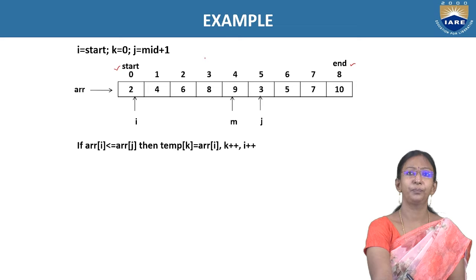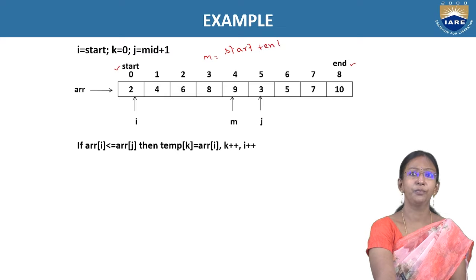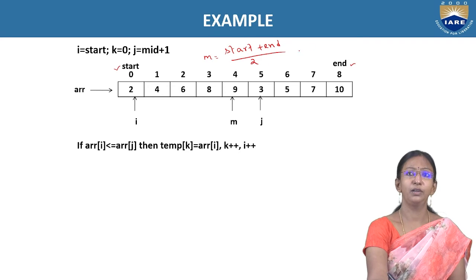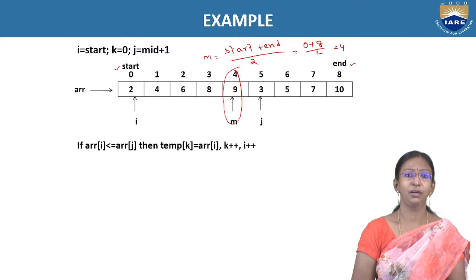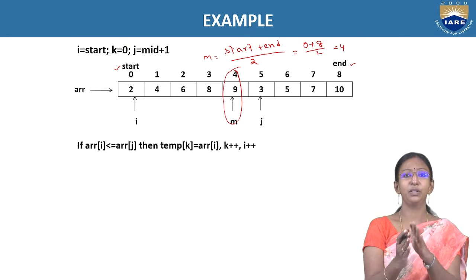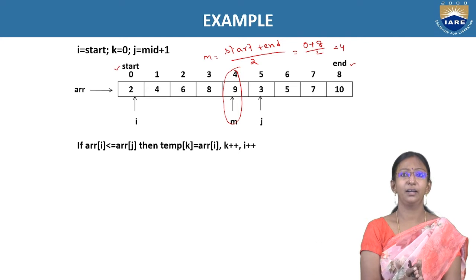It is very simple. We have to get m. m is equal to (start plus end) by 2. What is the value of start? 0. End is 8, divided by 2, which is 4. So the element pointed at the fourth index will be my center element, which acts as a barrier between the left half and the right half.